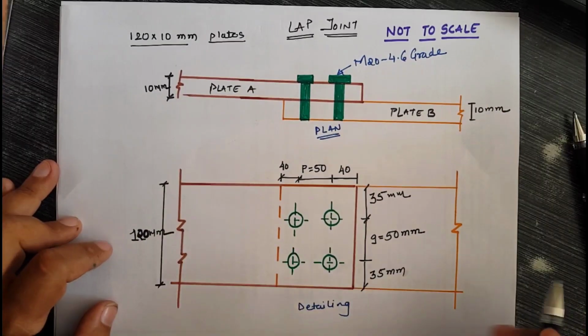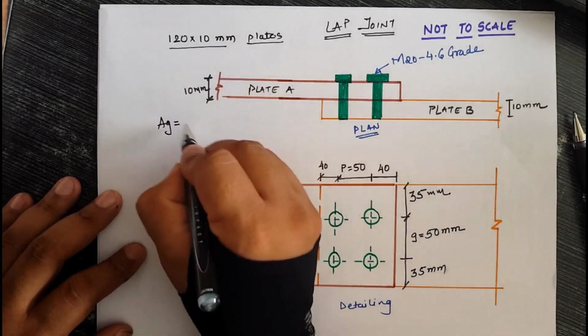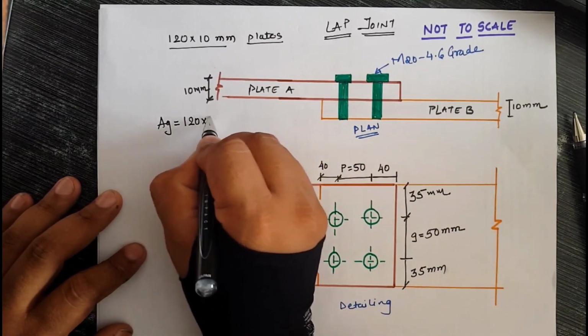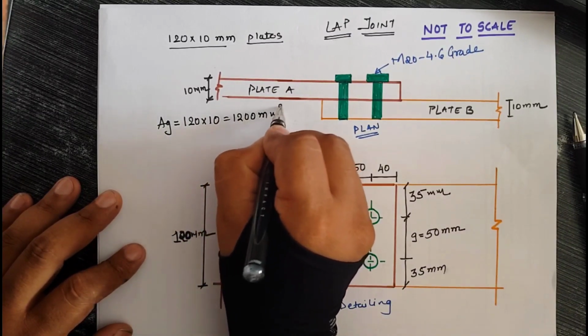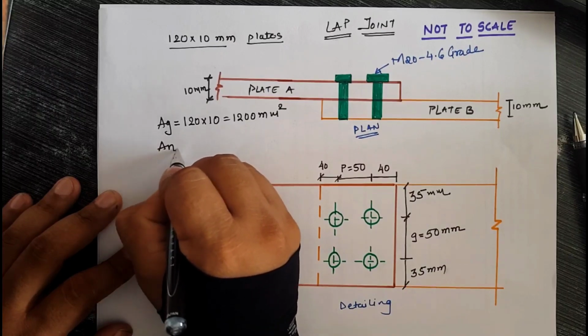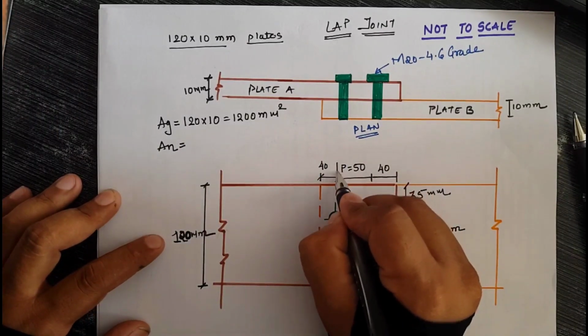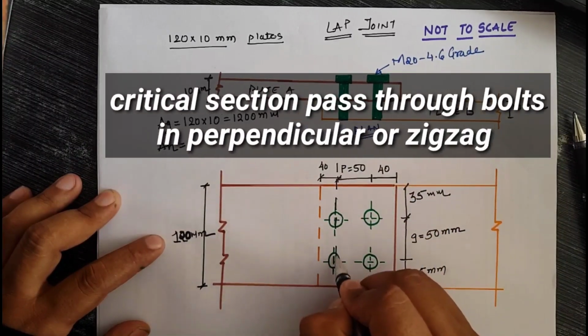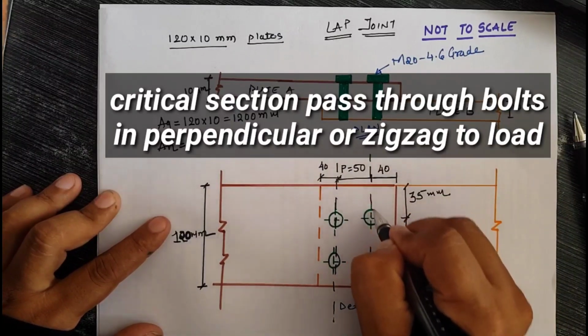Now next thing, first one is gross area. Gross area is defined as the total area of plate, so 120 by 10, which is equal to 1200 mm square. And next one is AN, net area, and according to the theory we have to consider the cut part or critical part. So assume this part as critical, perpendicular to the load, or this part, both parts are equal.